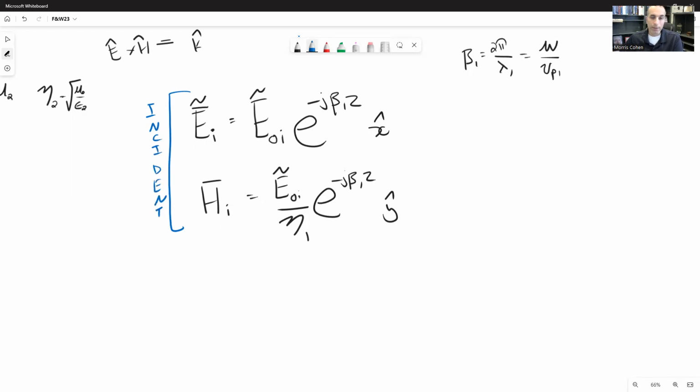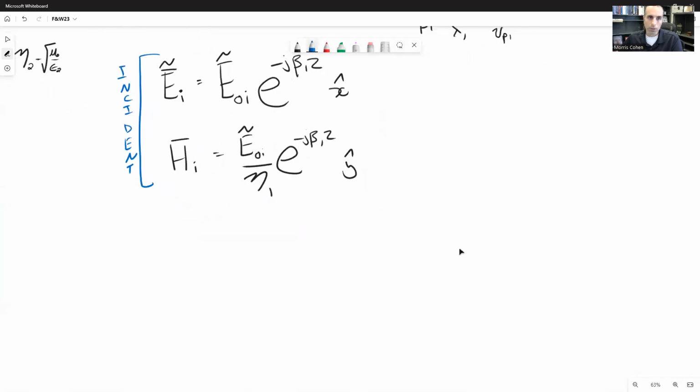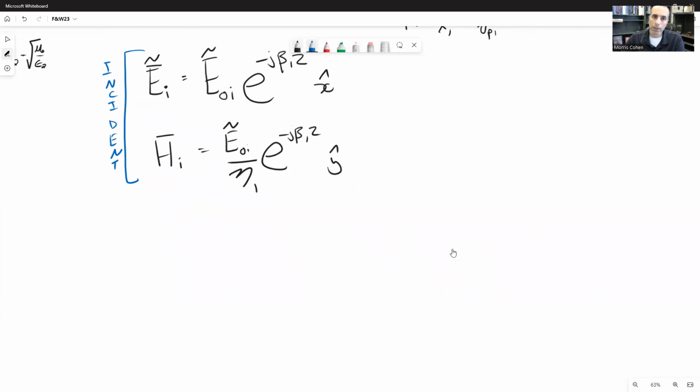Now we can write down the same thing for the reflected wave and for the transmitted wave, and I'm going to do that real quickly so we don't spend 5 minutes doing this. This will be E_R, that's a phasor right there, equals E0R. We don't yet know what E0R is. It's just a generic placeholder for what that electric field is going to be.